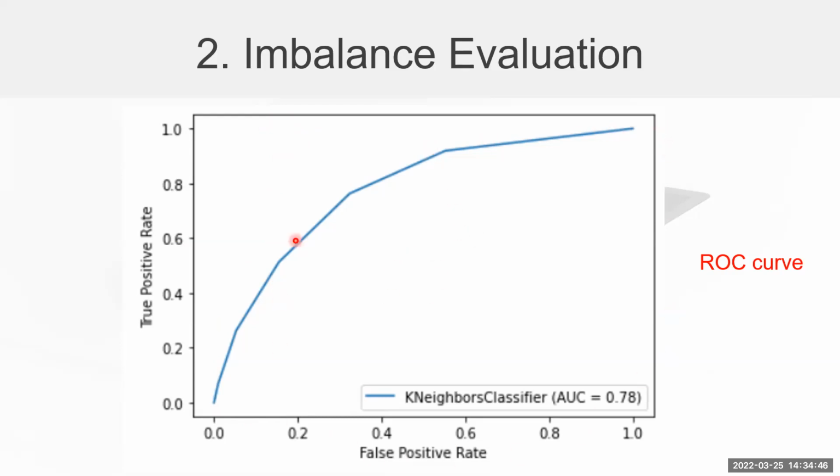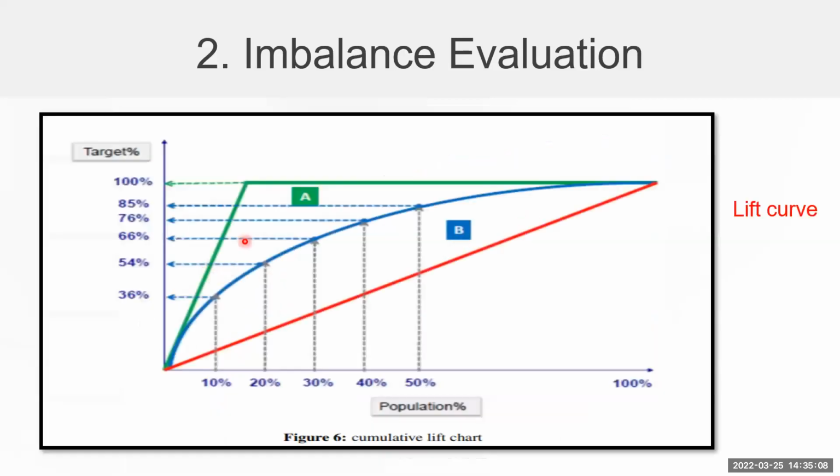AUC is the area under the curve, how much area is under the curve. Comparing A and B, area A is bigger than area B. If we look at this, B's area is only this line and what is under it, but A has a bigger area.